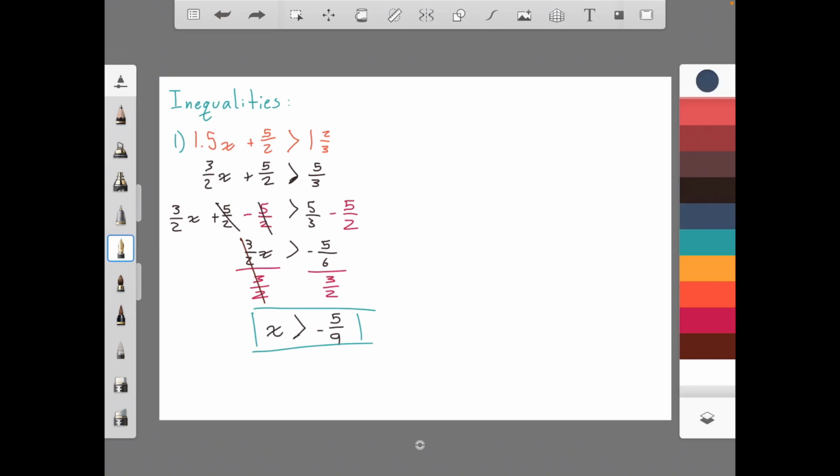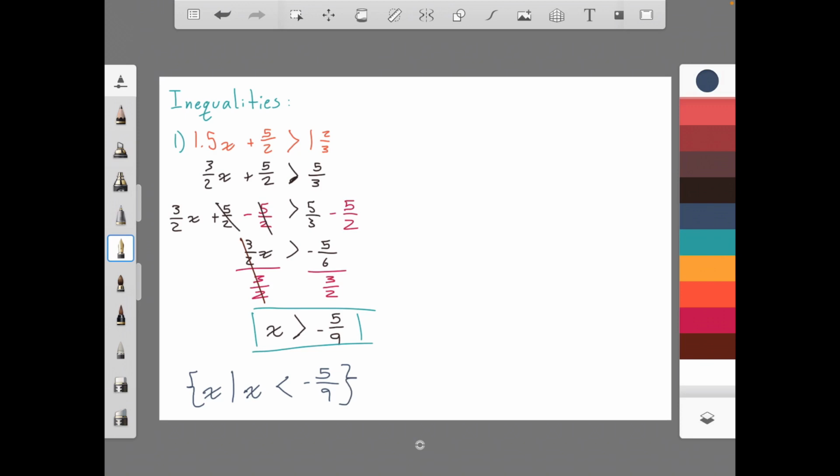This set builder notation states the set of all x such that x is greater than negative 5/9. This is for this specific exercise, but that's basically how set builder notation works.